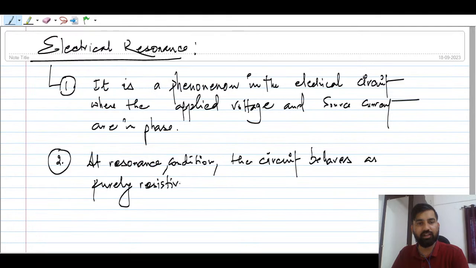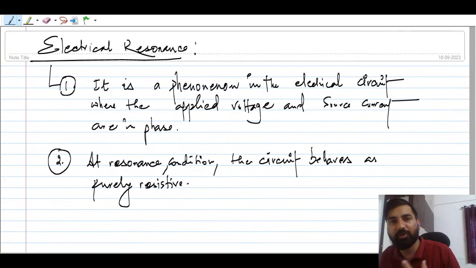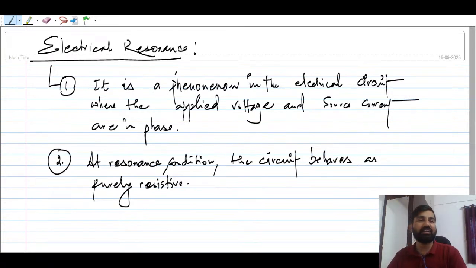Suppose you have any impedance, what you can always do is make the imaginary part zero. Suppose any circuit is given and there is a resonance condition in the circuit. If you're computing the impedance or the admittance, you can make the imaginary part zero, because the overall circuit should be purely resistive, so the imaginary part should not be present. These two points you have to keep in mind.